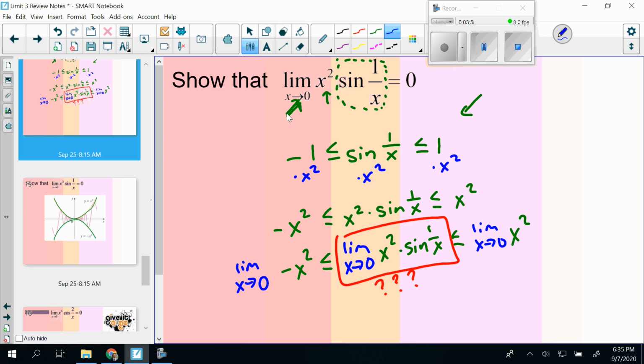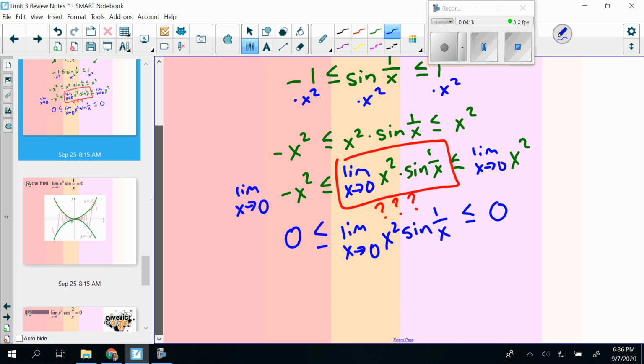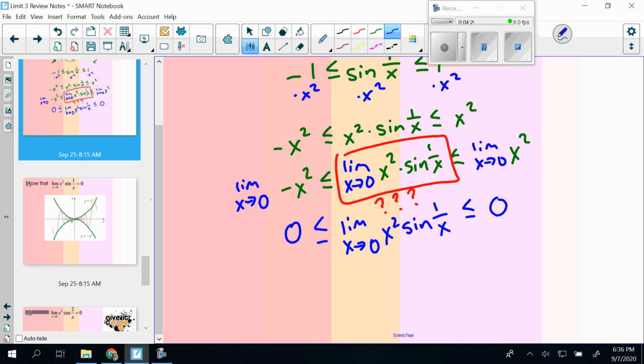The limit as you approach 0 of x squared ends up being 0. The limit as x approaches 0 of negative x squared is also 0. And so now we have shown that this limit has to equal 0, because it can't be greater than 0 and less than 0 at the same time. It forces it to equal 0.